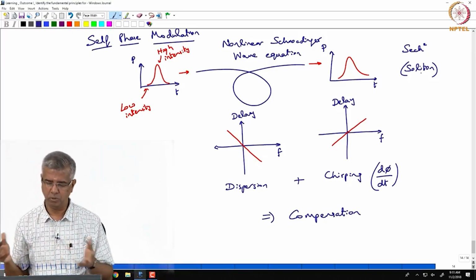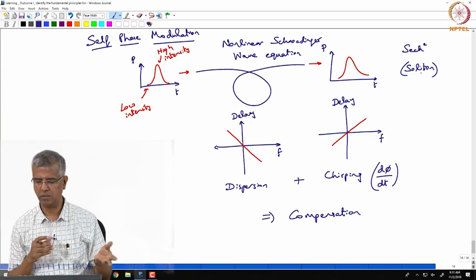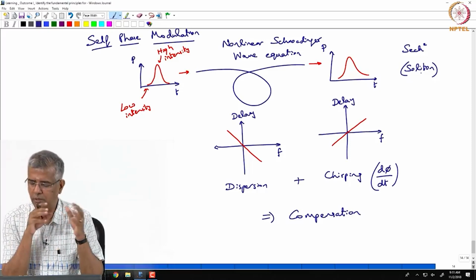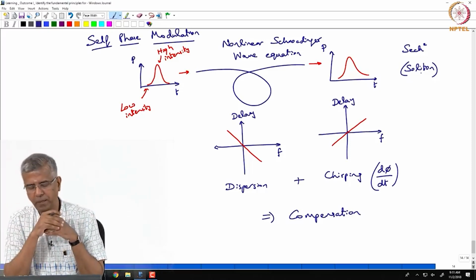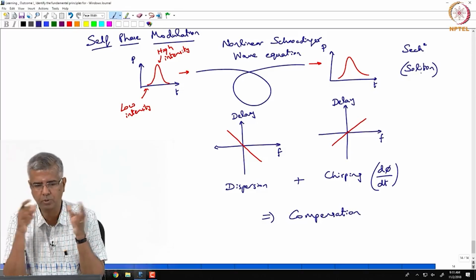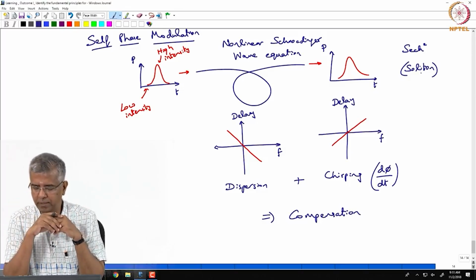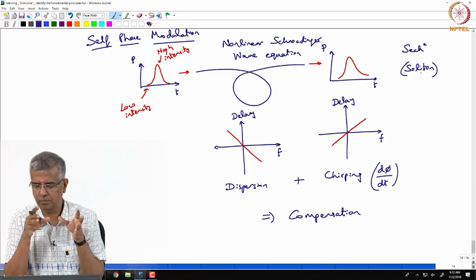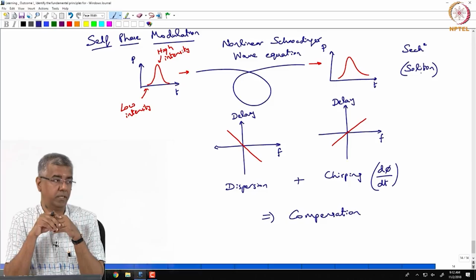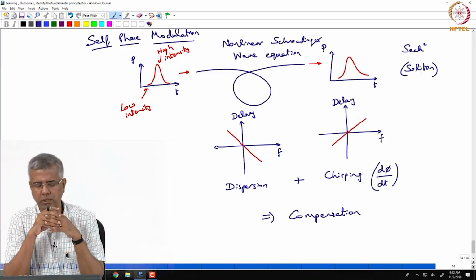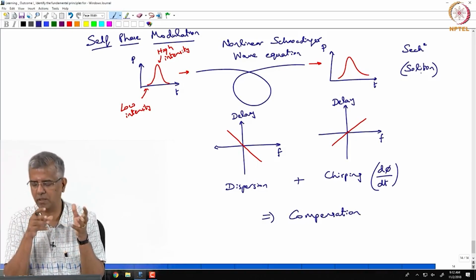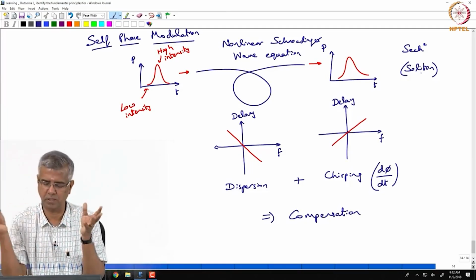So what we do now in communication systems, and this is what you learn if you take the fiber optic communication technology course, is that you let dispersion happen in the fiber up to say some 100 kilometers, and then you have a dispersion compensation element which brings the pulse back to its original shape, and then it's allowed to go further down, accumulate dispersion, then dispersion compensation, and so on.